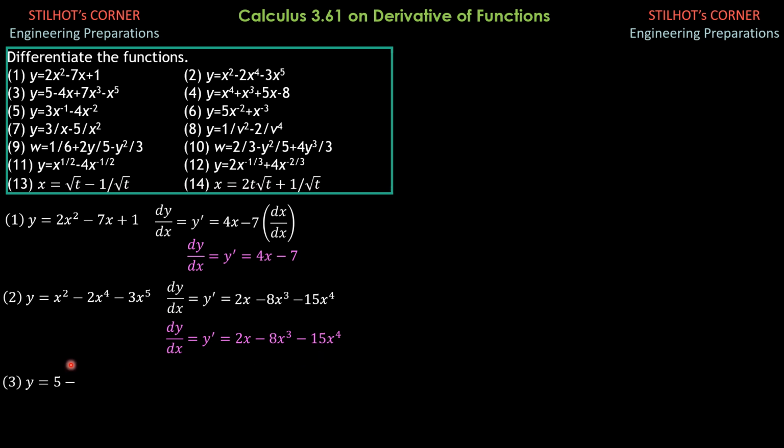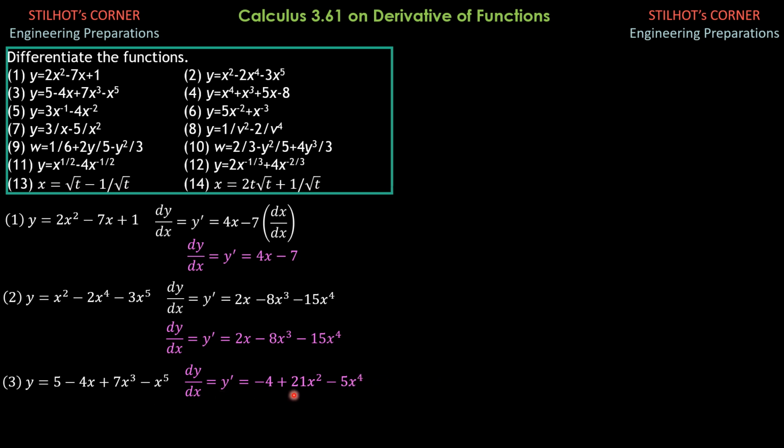Then number 3, we'll answer this directly based on our experience for the first two problems. So derivative constant 0, this is negative 4, 7 times 3, 21x squared, then negative 1 times 5, negative 5x to the fourth. So negative 4 plus 21x squared minus 5x to the fourth.